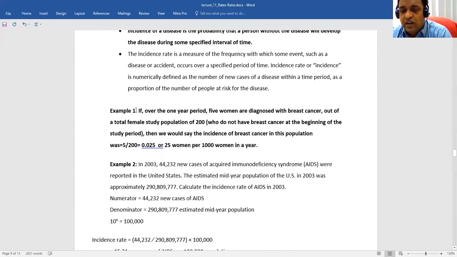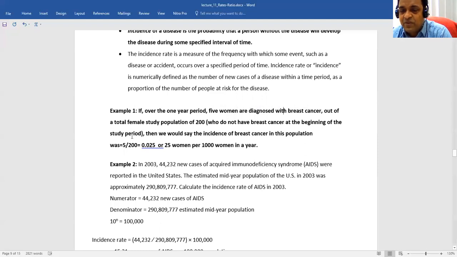As an example, over a 1 year period, 5 women were diagnosed with breast cancer out of 200 women. These 5 women did not have breast cancer before, but were found to have it over the 1 year. So what is the incidence rate for this?